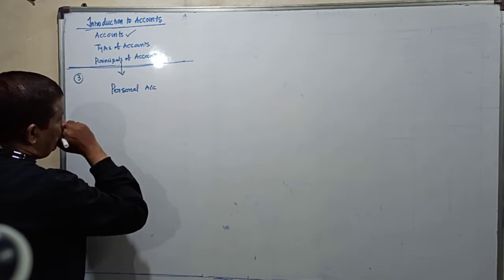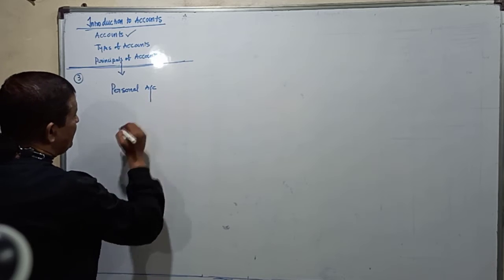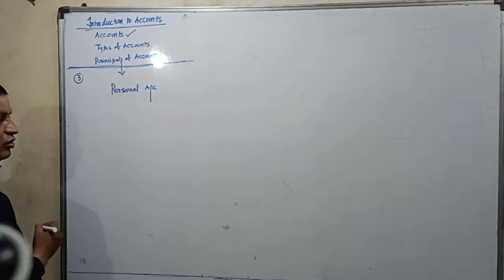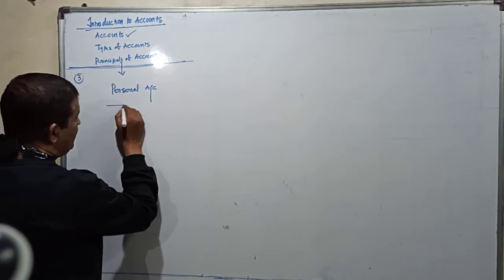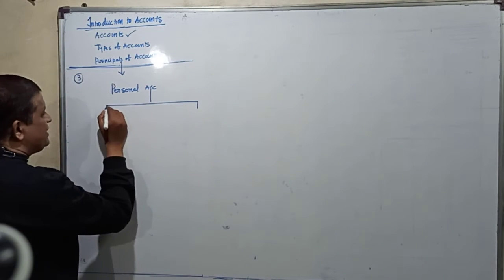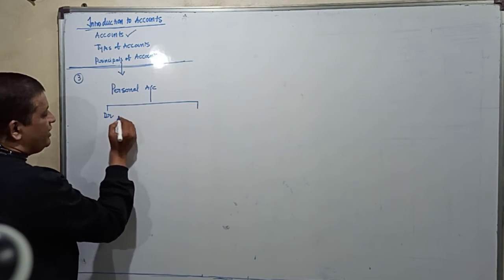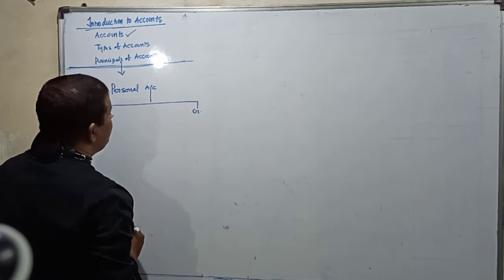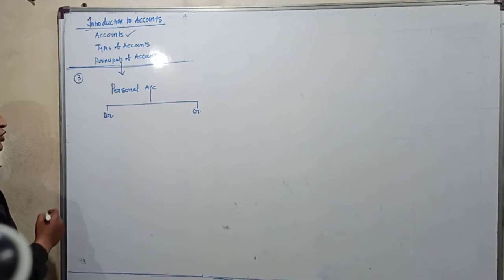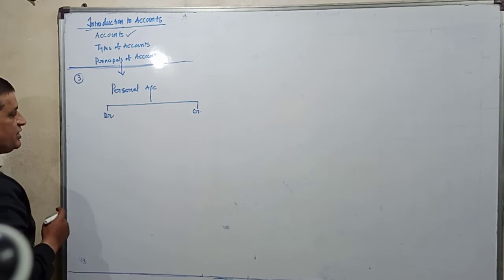Personal account. Now whenever you talk about account, we said account is a statement in which we record all business transactions. It has two sides. What are the two sides? It is the debit side and the credit side. So what is the principle for a personal account?